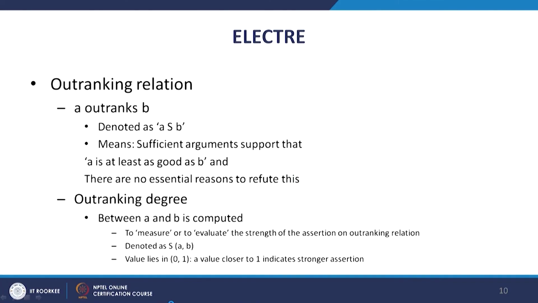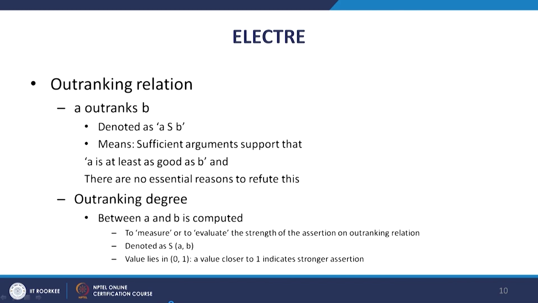Then there is another aspect of the outranking relation, called the outranking degree. What do we mean by outranking degree? This is an important aspect of our construction of outranking relations between alternatives. Given two alternatives A and B, we are supposed to compute this outranking degree, and it is used to measure or evaluate the strength of the assertion on the outranking relation.